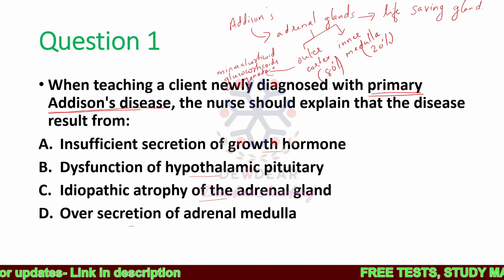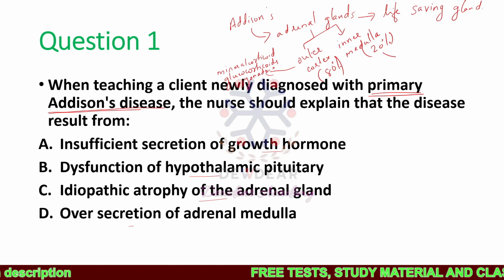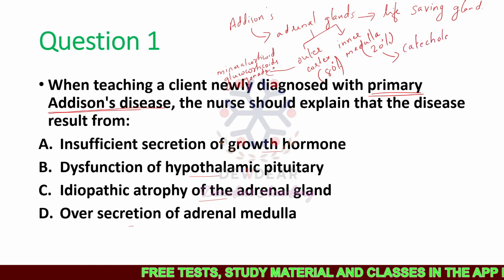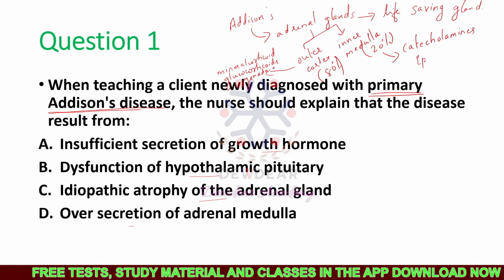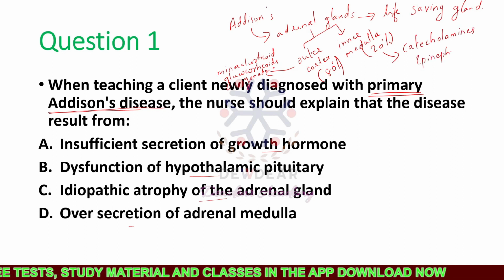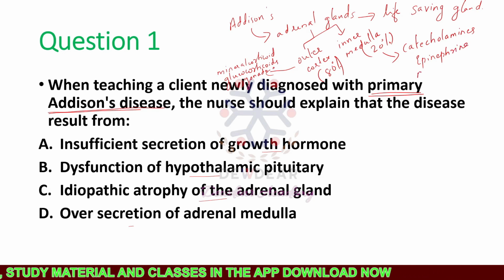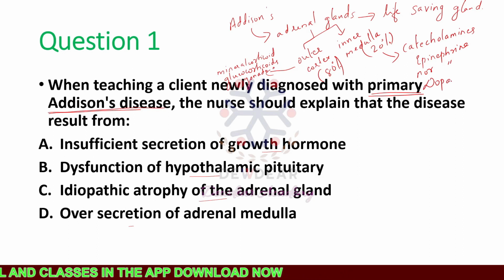Then the inner medulla secretes catecholamines, which include epinephrine, norepinephrine and dopamine.